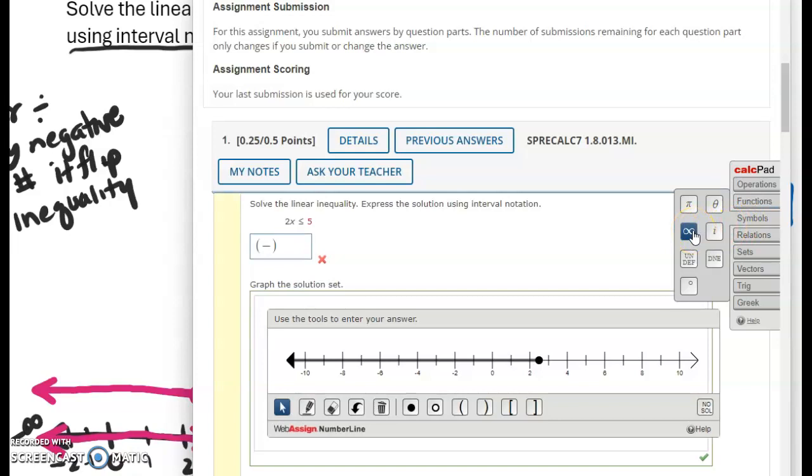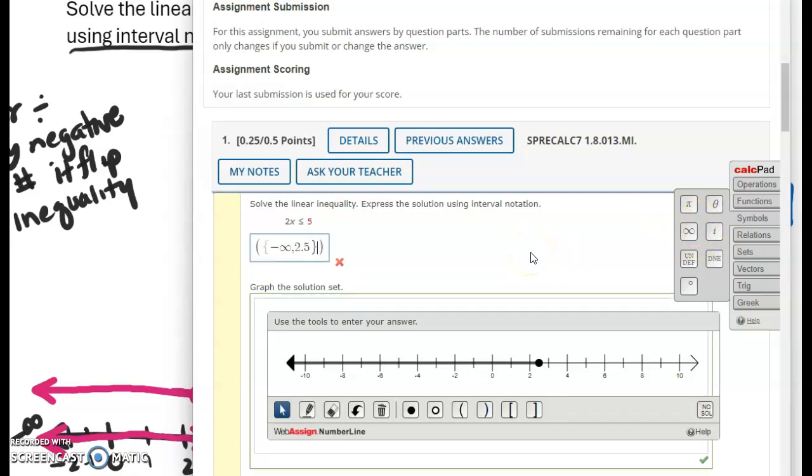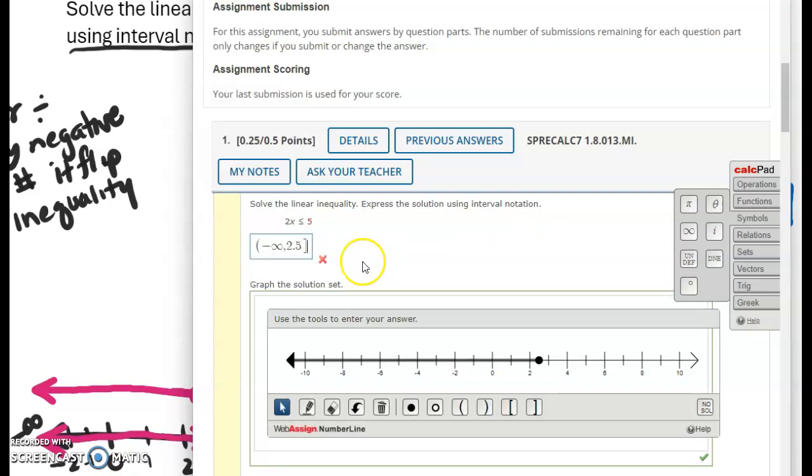I want to hit the negative sign on the keyboard, infinity, comma. You've got to make sure I put those commas in, and then I'm going to put 2.5, and then I'm going to put a bracket. The bracket is found on the keyboard.